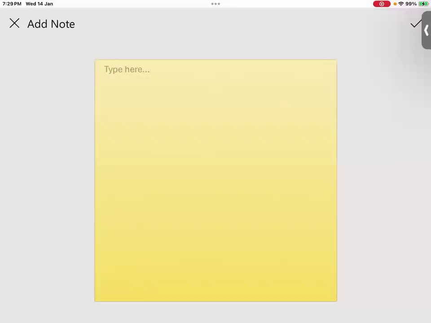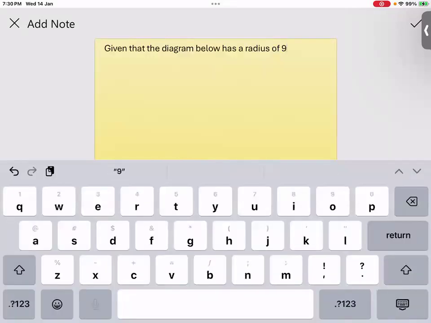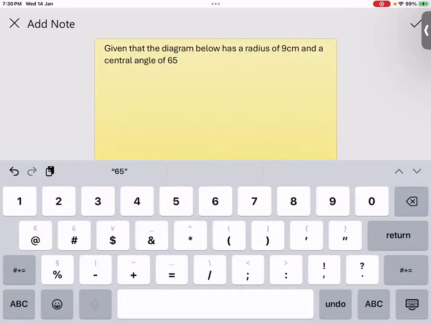Given that the diagram below has a radius of 9 centimeter and a central angle of 65 degrees.